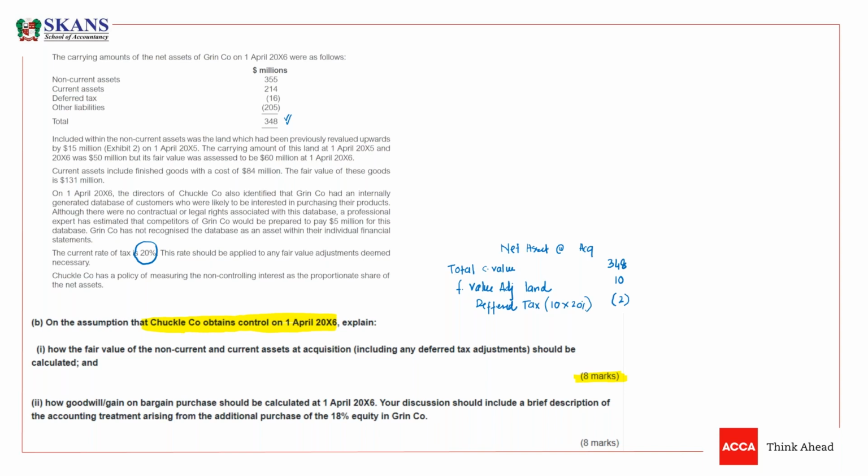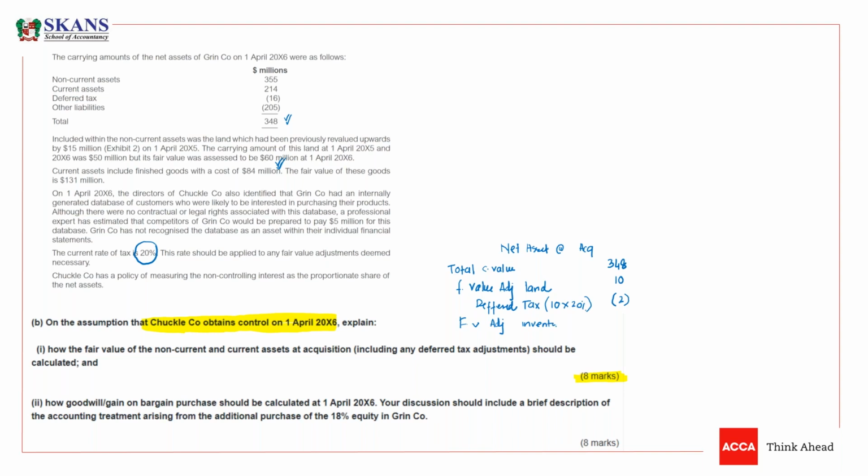Then guys, current assets include finished goods with the cost of 84 million. We need to recognize this in consolidation at fair value. The fair value of these goods is 131 million. So we need the fair value adjustment on inventory.